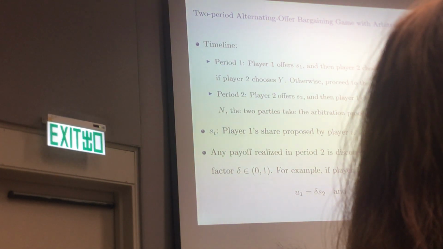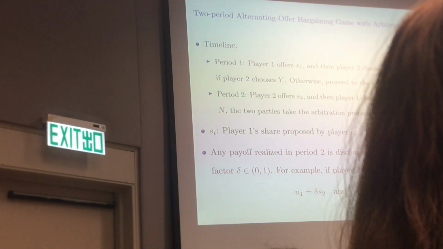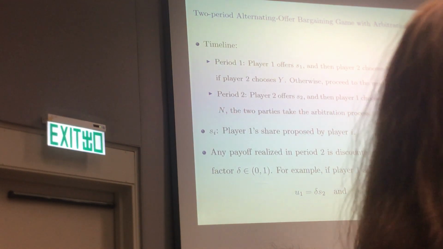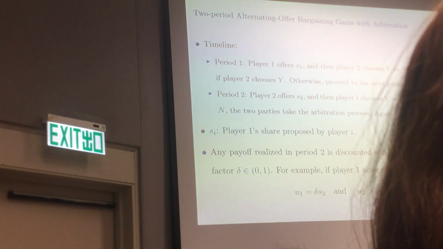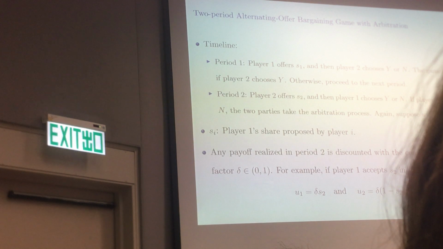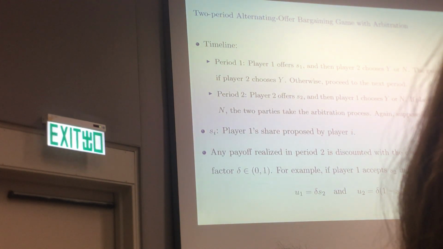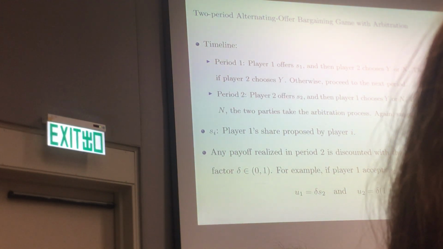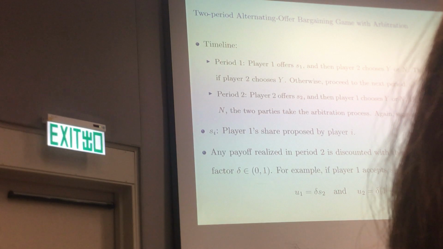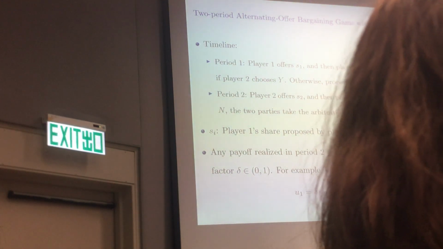These two games are nice, but they have some limitations if you think about what's really happening in the real world. If you compare the two games with the bargaining process you can observe in the real world, both games have a very crucial limitation. Here we assume that player 2 can never make a counter offer.